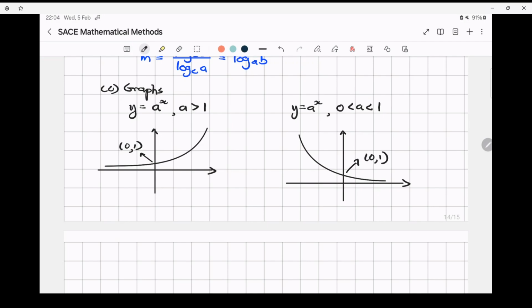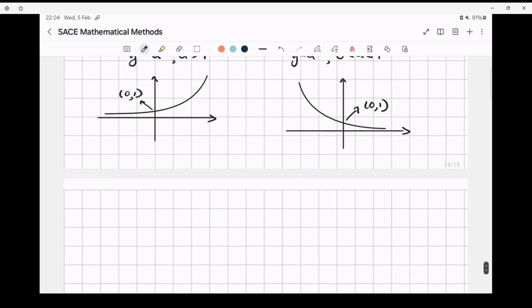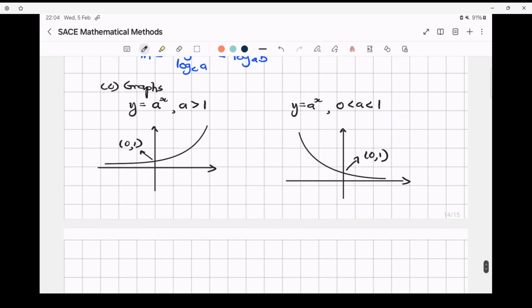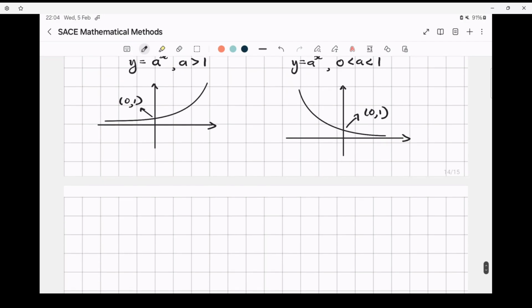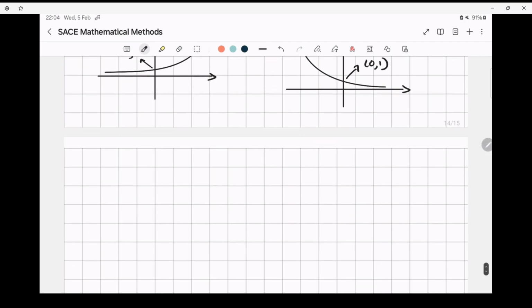So why is that so? Why is it the mirror image, a reflection on your y-axis? Let's say you have y equals a to the power of x, and your a is between 0 and 1.